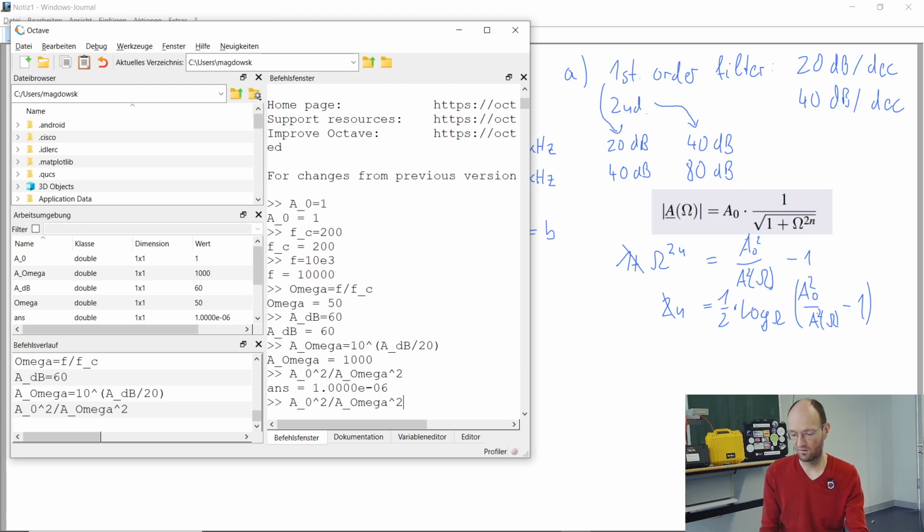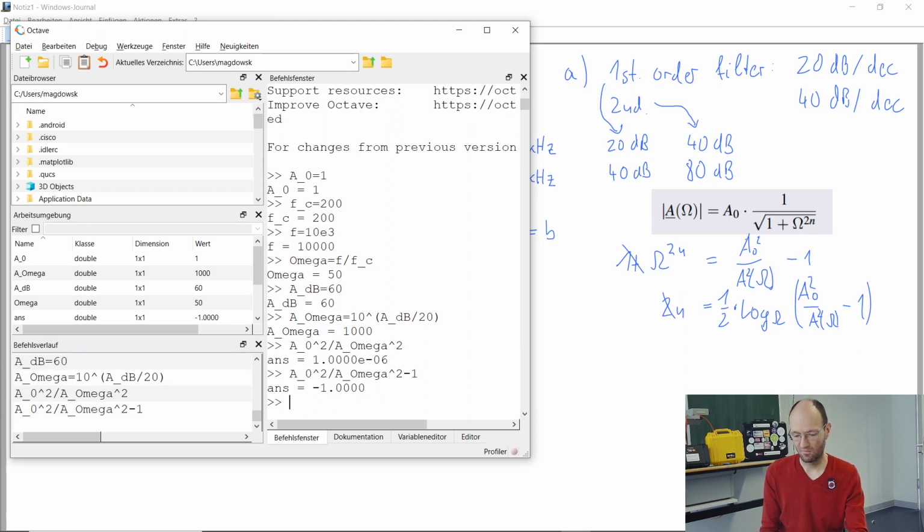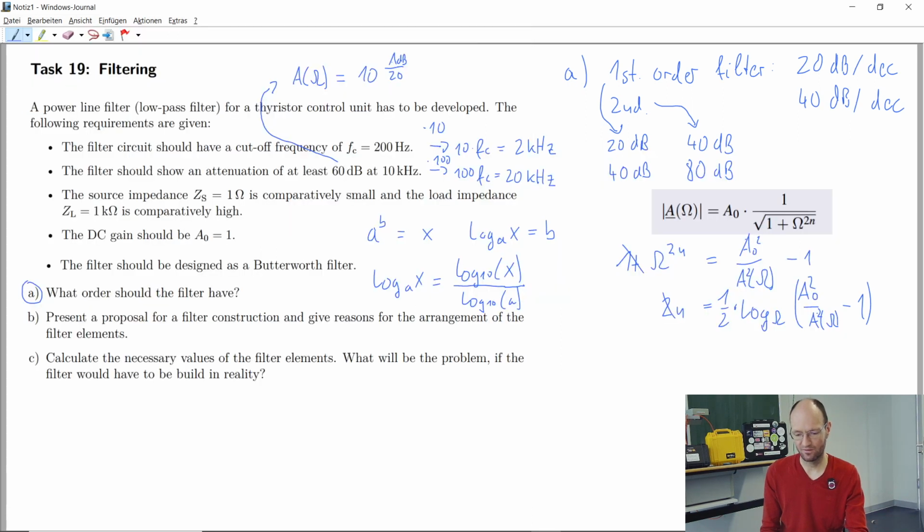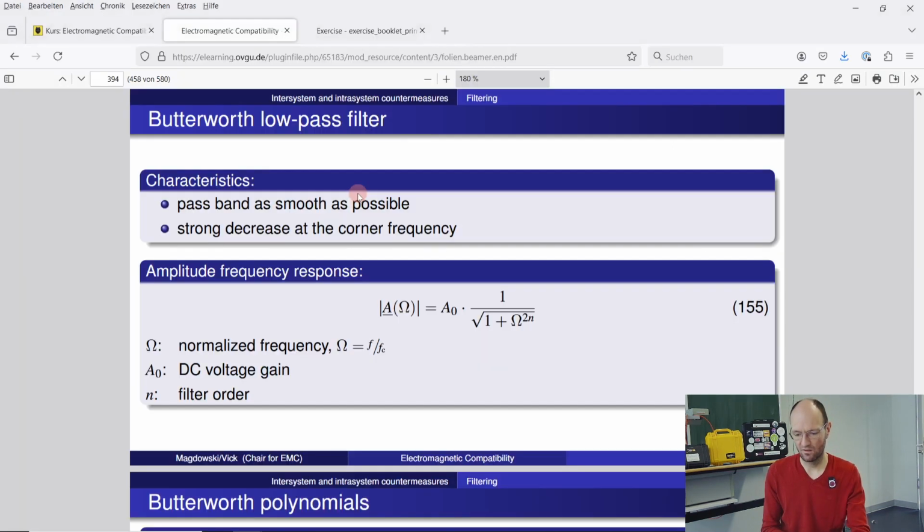So then this minus 1, this does not make too much sense because we get something negative. Let's quickly check the task once again. The formula that we have here is the amplitude response. It's not really the attenuation, it's 1 over the attenuation.